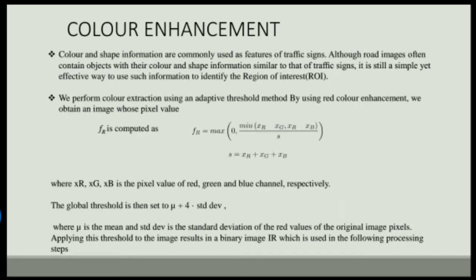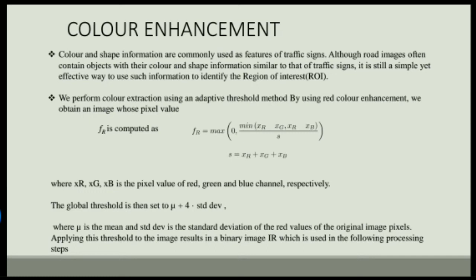So how are we going to perform this? Firstly, we are going to use the adaptive threshold method. Using this, the red color enhancement is done by this mathematical expression, which says that fr is equal to the maximum of 0 and the minimum of the pixel values of red minus green and red minus blue, divided by s.